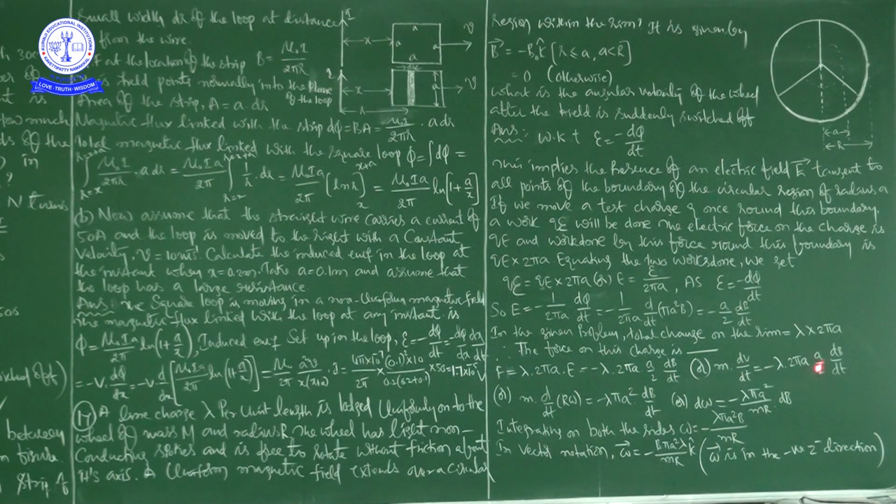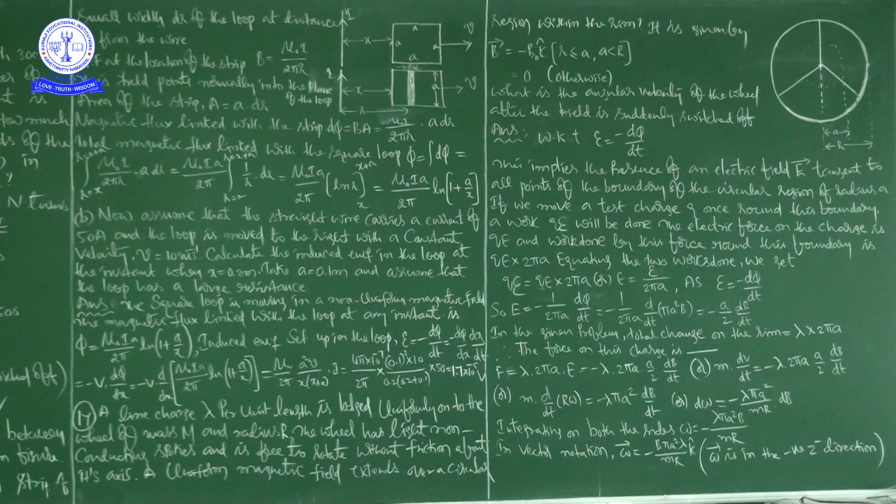Next, M into d by dt, in place of V we are writing R omega, because he is asking to calculate angular velocity, is equal to minus lambda into pi A square into dB by dt. Next, d omega is equal to minus lambda pi A square by MR into dB, taking all these things to that side. Now we have to integrate on both sides to get omega from d omega.